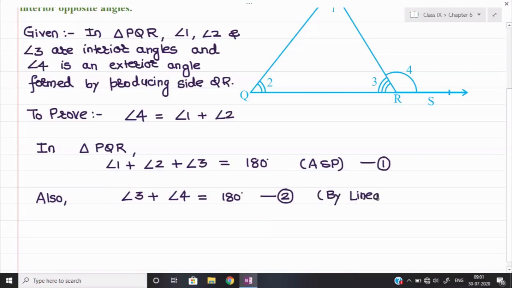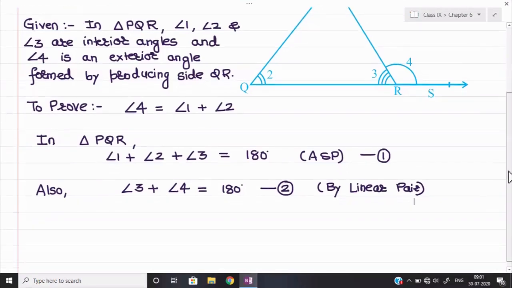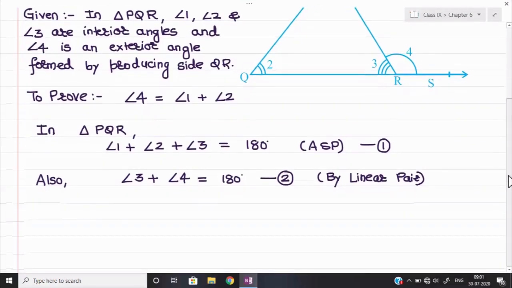Now look at equations first and second. Both equations have the same right hand side, as we got in one of the questions today. If two equations have the same right hand side, then their left hand sides will also be equal. So we shall equate their left hand sides, by equations 1 and 2.